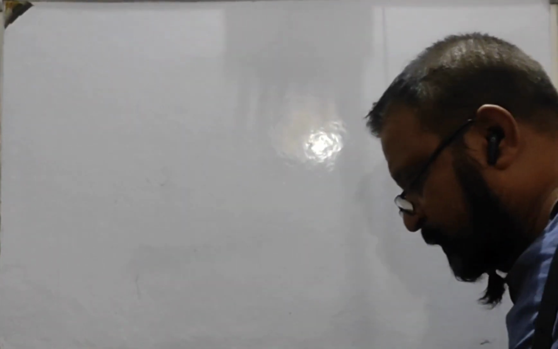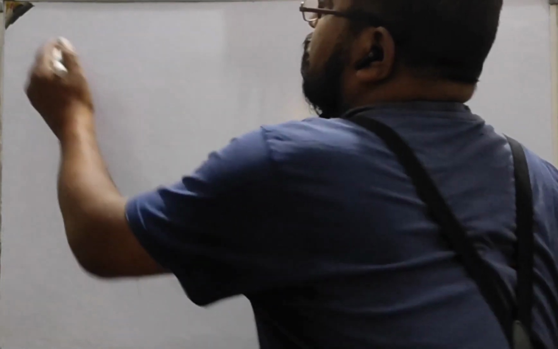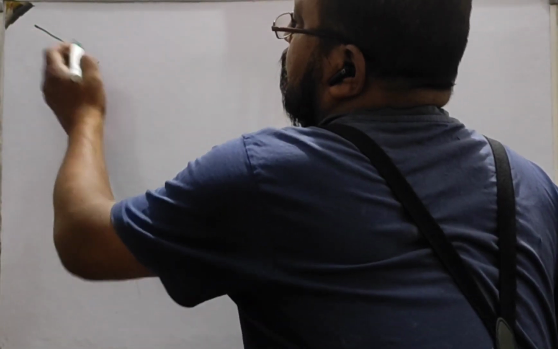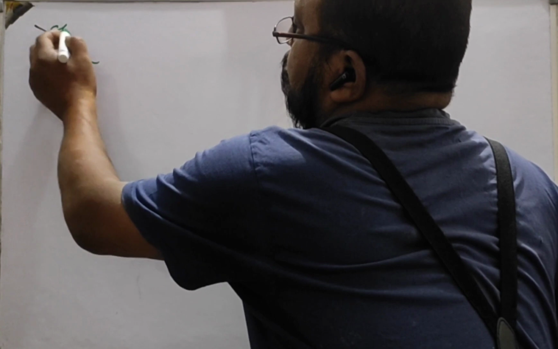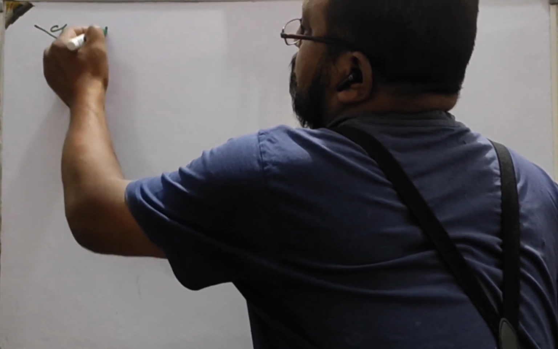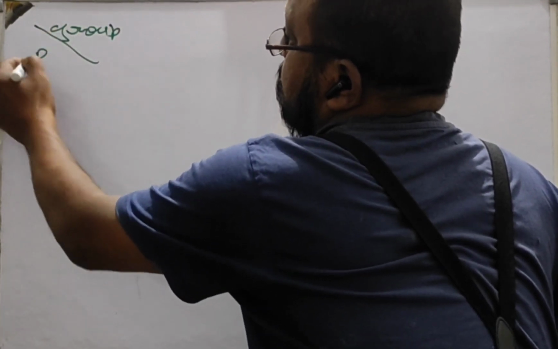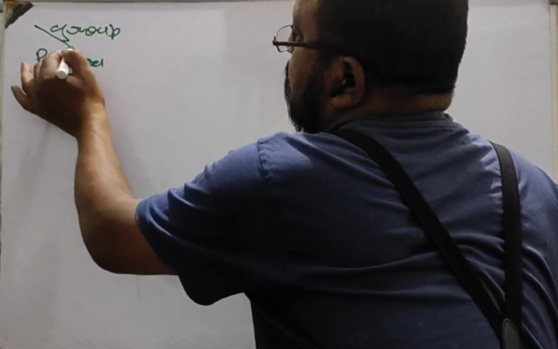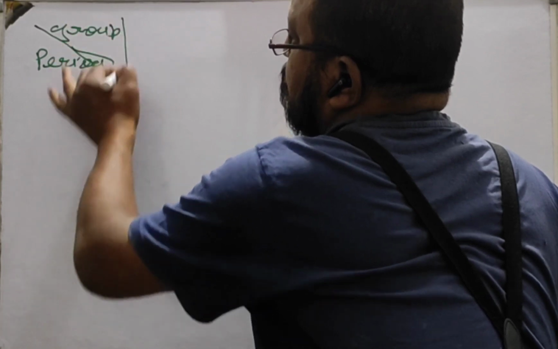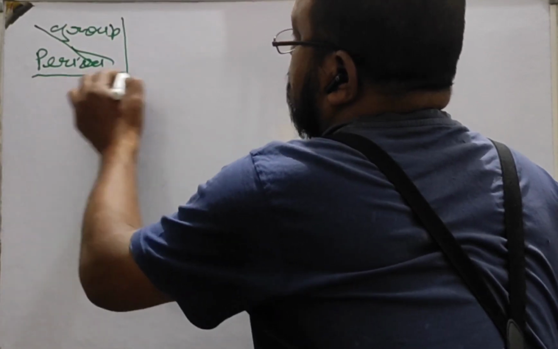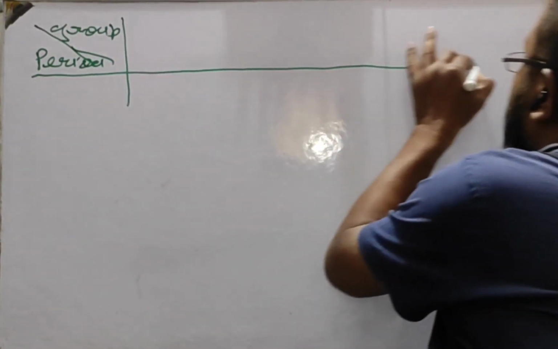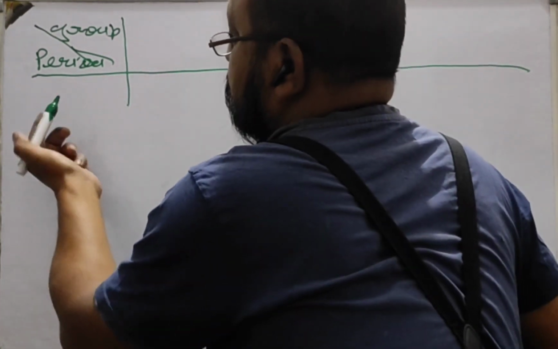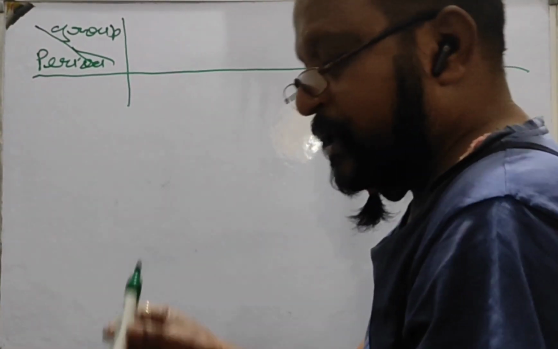So yesterday I made a table, right, like this. It had groups and it had periods, right? Today I will make a very small table, not going into so many periods and groups.